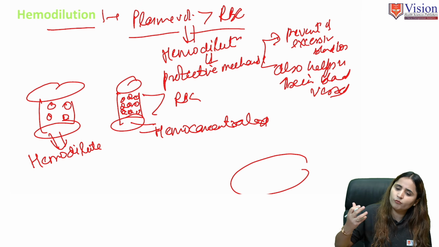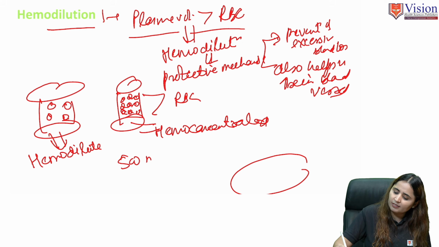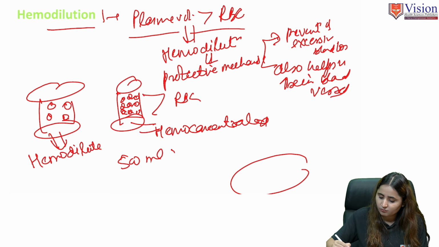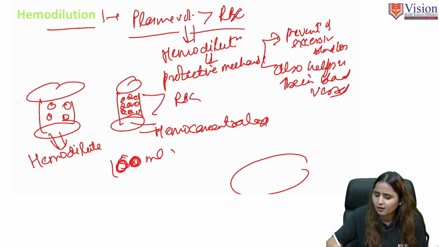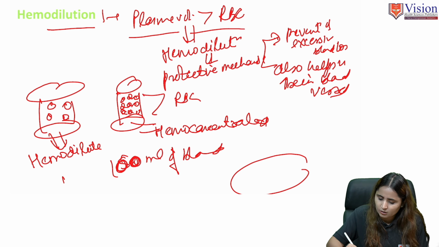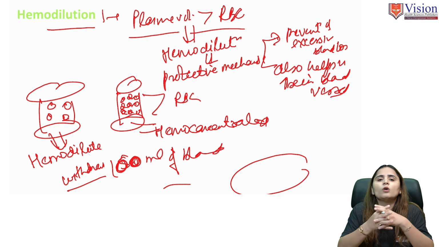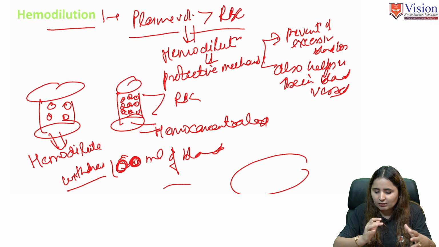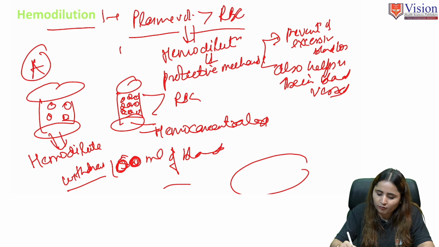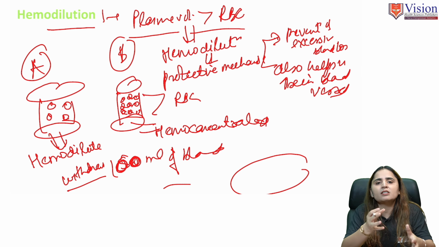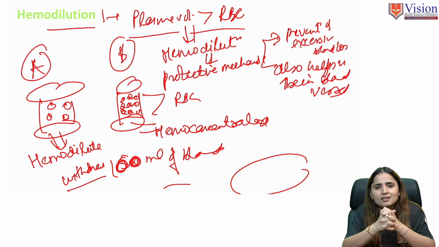If I am going to withdraw 100 ml of blood, from which diagram, figure A or figure B, is there more loss of RBCs?